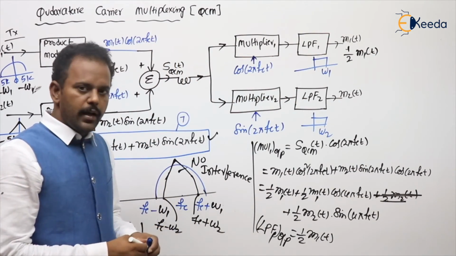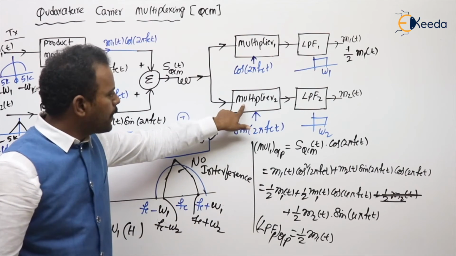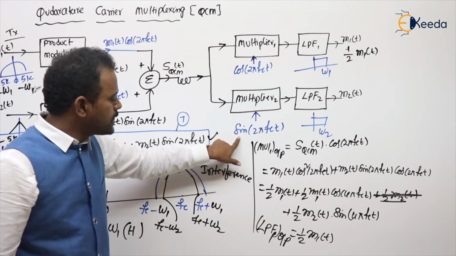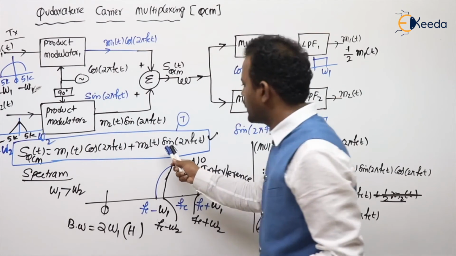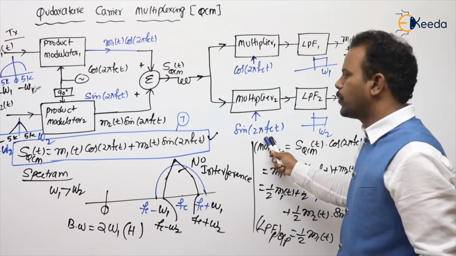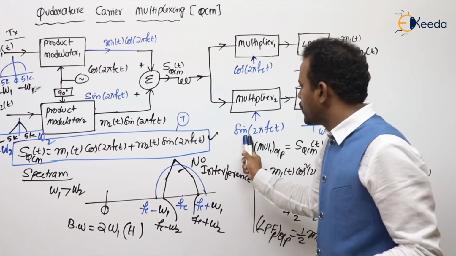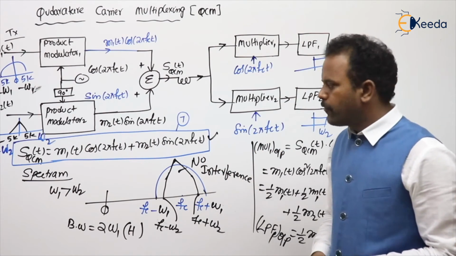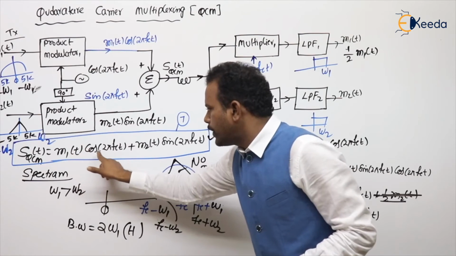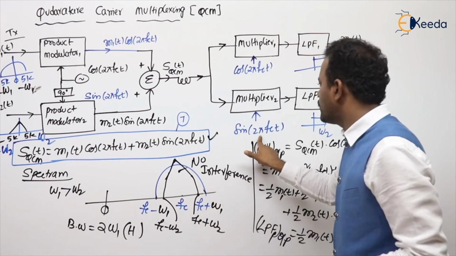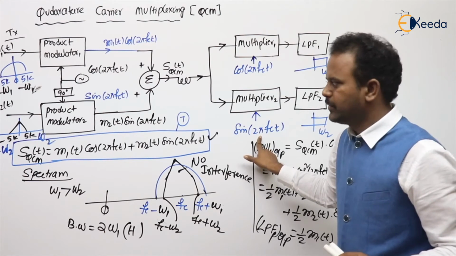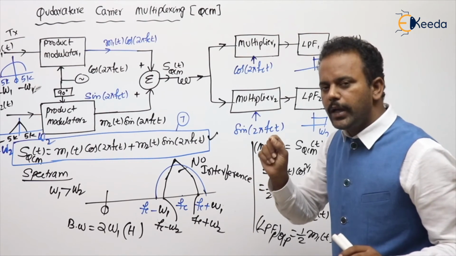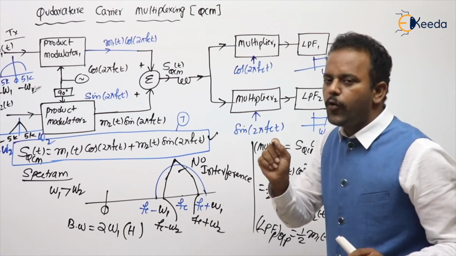In a similar manner, take the multiplier 2 output, where one input is our QCM signal and the other input is sin 2 pi FCT. You can multiply these two, students. M1 of t into cos 2 pi FCT into sin 2 pi FCT, by the sin 2A formula, gives 1 by 2 into M1 of t into sin 4 pi FCT.